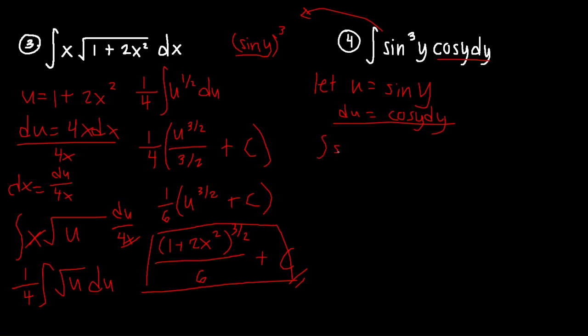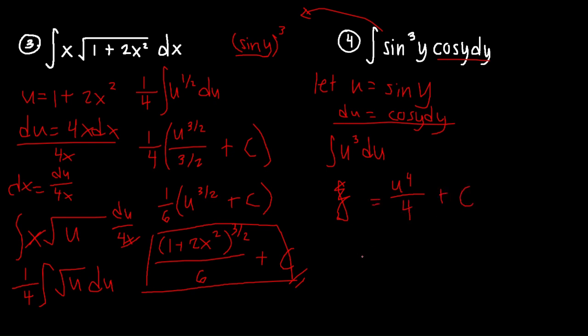So now we can rewrite this as the integral of u cubed du, and then again apply the integral function, and that is going to be u^4 over 4 plus c.